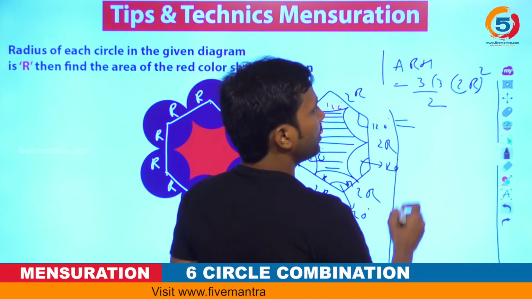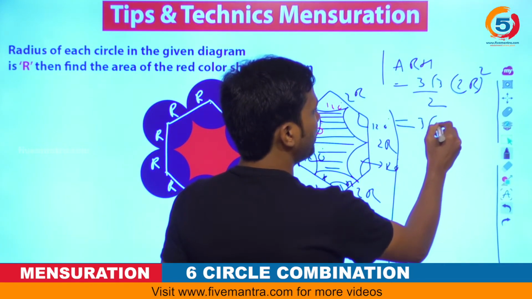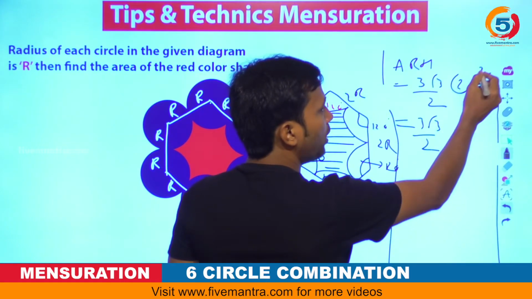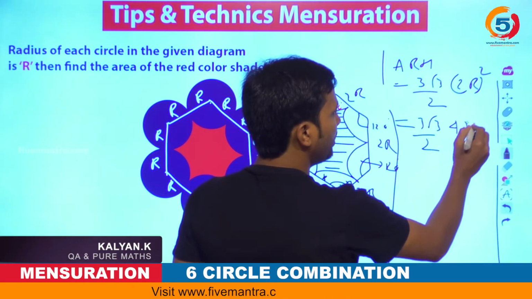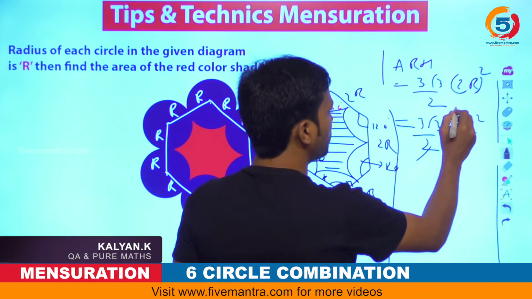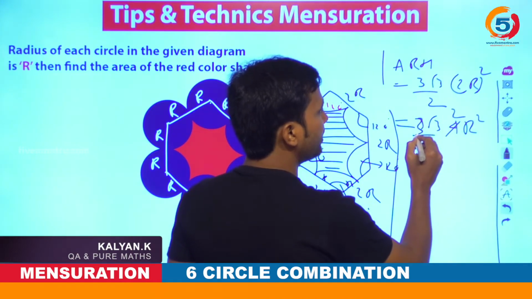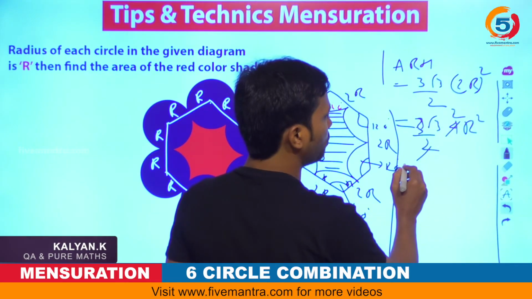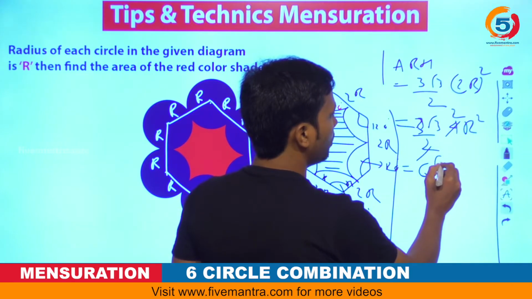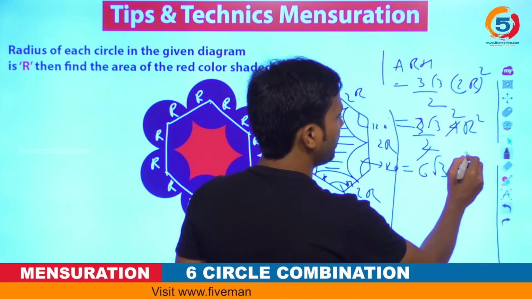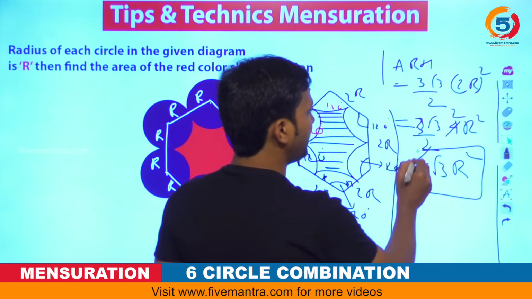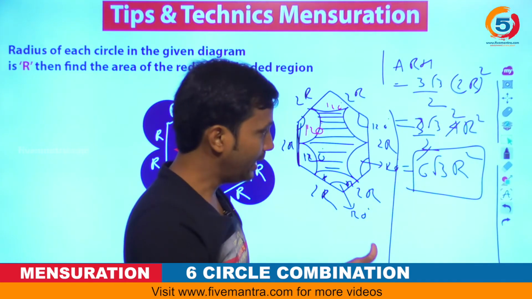Now let us simplify that. 3 root 3 by 2, and 2R whole square would be 4R square. Now 2 can cancel 2 times. That is 3 root 3 into 2, that is 6 root 3 R square. So we obtained the area of the regular hexagon.